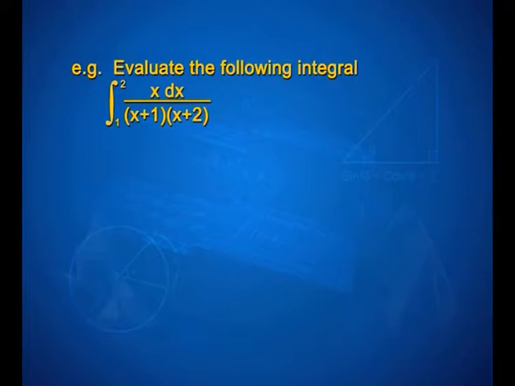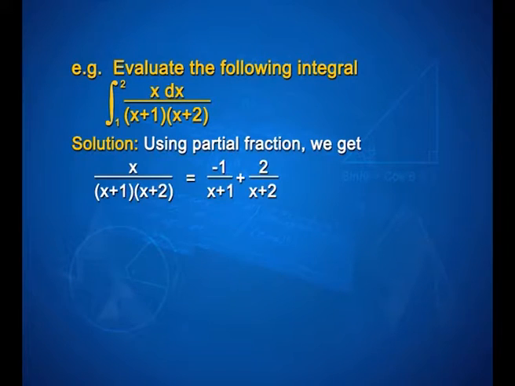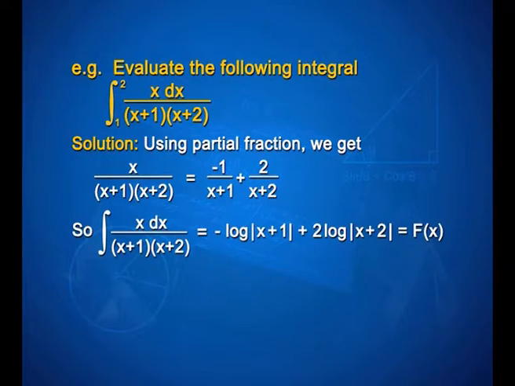Now, one more example. Evaluate the following integral 1 to 2 x dx upon (x plus 1) into (x plus 2). For the solution, using partial fractions, we get x upon (x plus 1)(x plus 2) is equal to minus 1 upon (x plus 1) plus 2 upon (x plus 2). So, integral x dx upon (x plus 1)(x plus 2) is equal to minus log of modulus (x plus 1) plus 2 into log of modulus (x plus 2), that is equal to F(x).